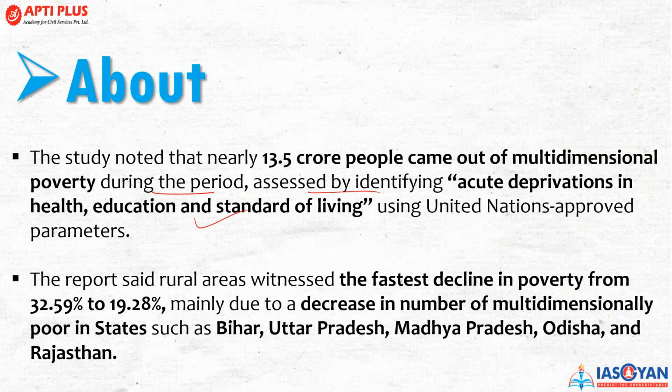Using the nationally United Nations approved parameters, the report said that rural areas have witnessed the fastest decline in poverty, from 32.59% to 19.28%. This is mainly due to a decrease in the multidimensional poor in states including Bihar, Uttar Pradesh, Madhya Pradesh, Odisha, and Rajasthan.